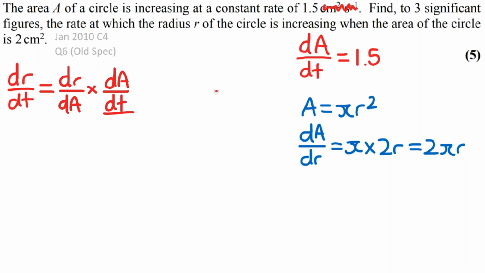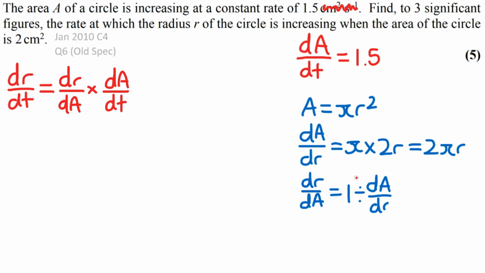Okay, so we need dA over dt, which is what we've got here, equal to 1.5, and we need dr over dA. But at the moment we've got it flipped over. We've got dA over dr, and we talked about how to deal with this at the start of the video. dr over dA, which is what we want, is equal to 1 divided by dA over dr, with the fraction flipping like this.